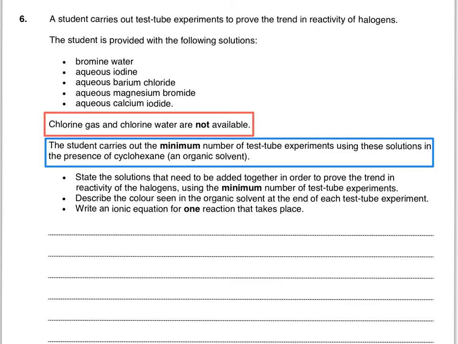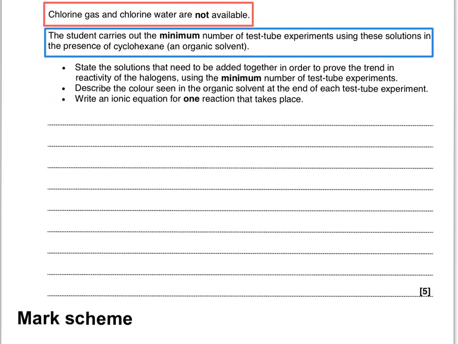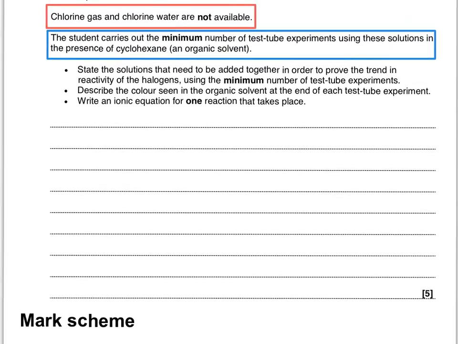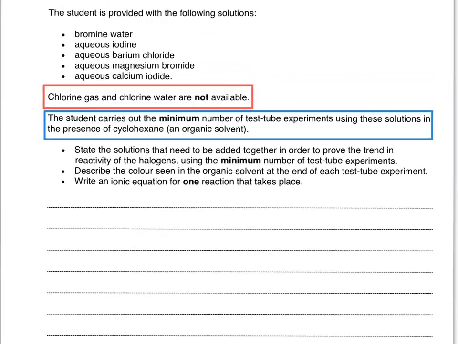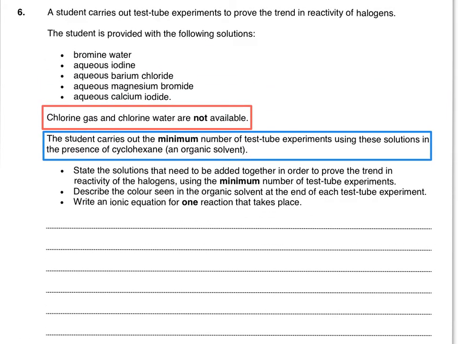Looking at the whole thing, you can check that it's 5 marks that we need. So, state the solutions that need to be added together in order to prove the trend in reactivity of the halogens using the minimum number of test tube experiments. From the reagents you're given, you need to think about ones that aren't going to react.